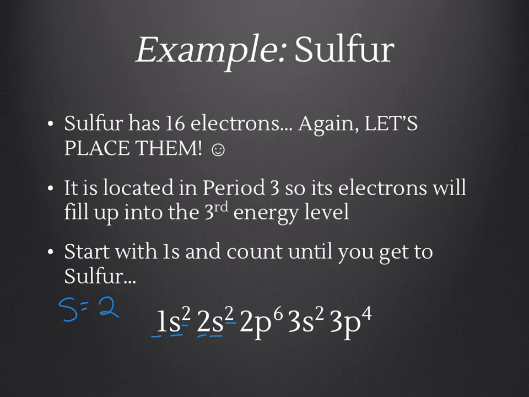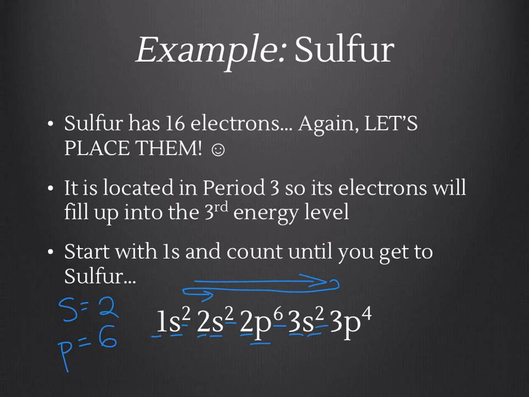As I move across the second energy level, and again, I'm just moving straight across the periodic table. Second energy level, P sublevel. P sublevels can hold a maximum of 6 electrons, so I'm going to go ahead and place the 6 because I have a lot more than that to place. Once I've gone all the way across the periodic table, I'm going to go back to the left-hand side and start over at the third energy level. Has an S sublevel, can hold 2 electrons.